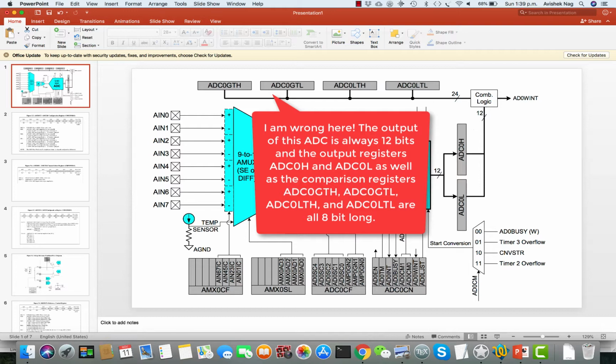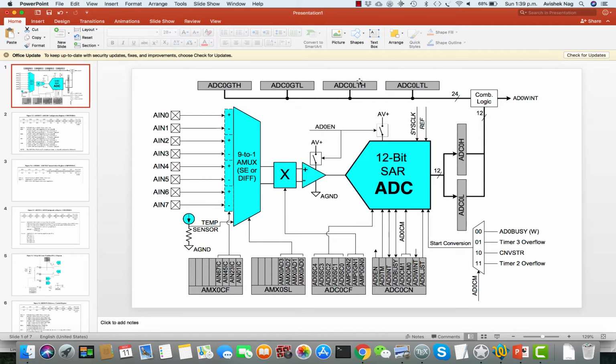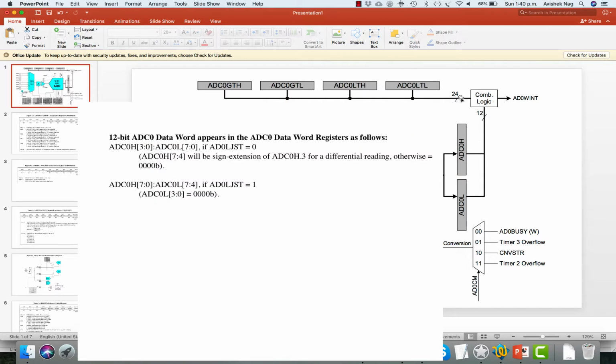So they will be comparing whether these values are greater than these 12 bits or these values are less than the 12 bits. So you can check the details of these if you are interested, but in this lab you are not required to do this part.